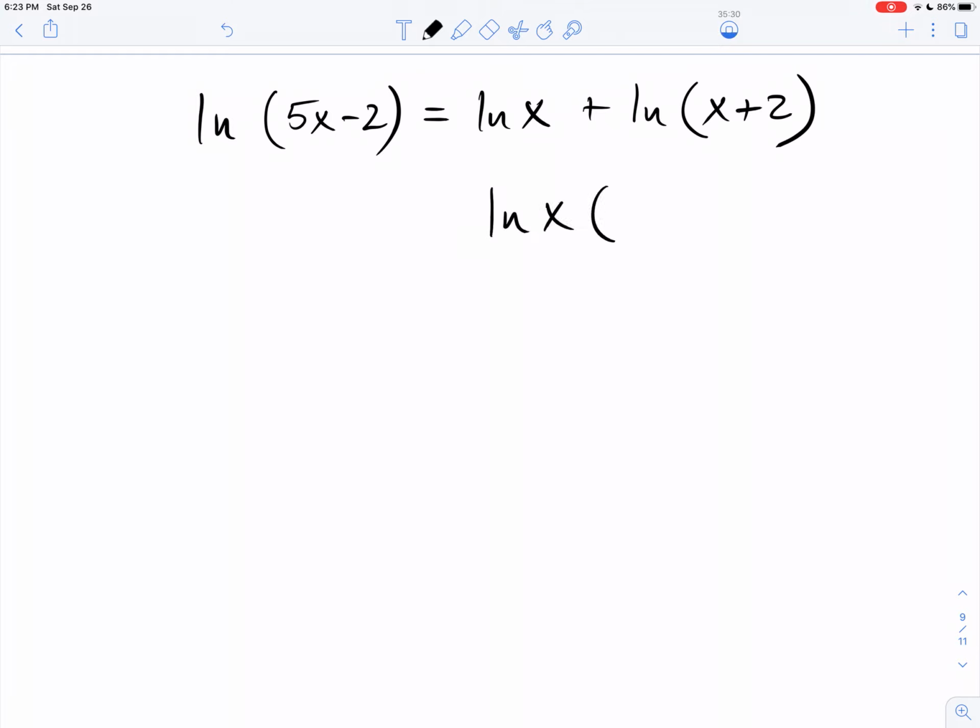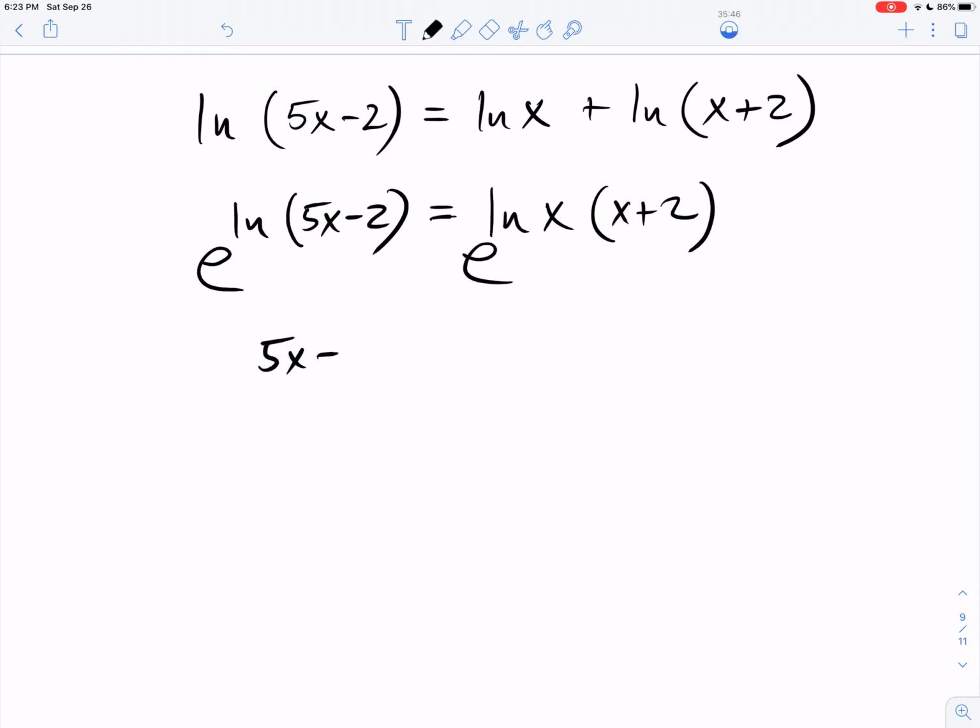I am, however, going to treat this like a product on that side. And I'm going to do this one over here. And I am going to say unto this, now it's monkey time. And I get 5x minus 2. What does it equal? It equals x times (x plus 2), which means distribute.